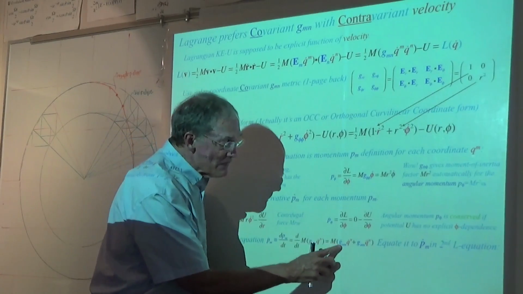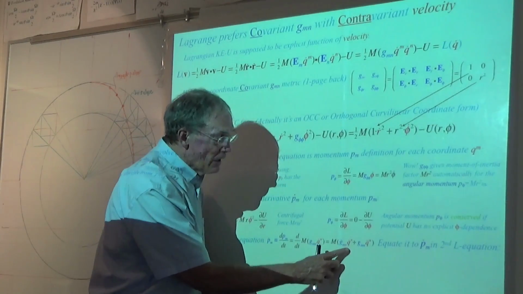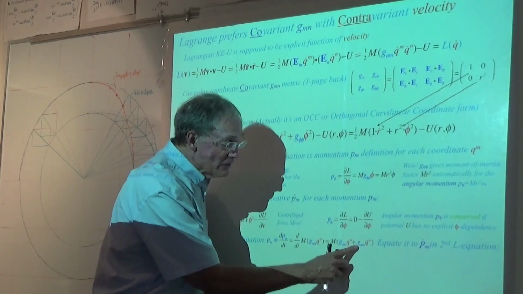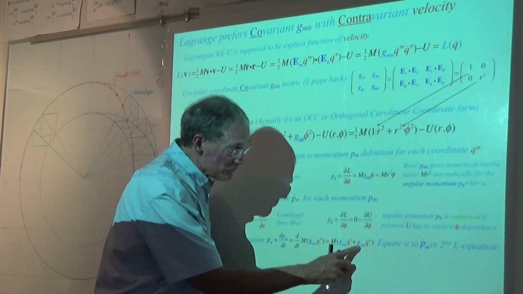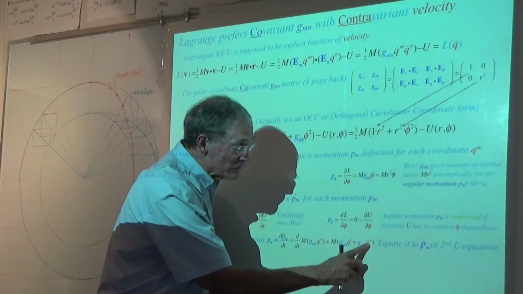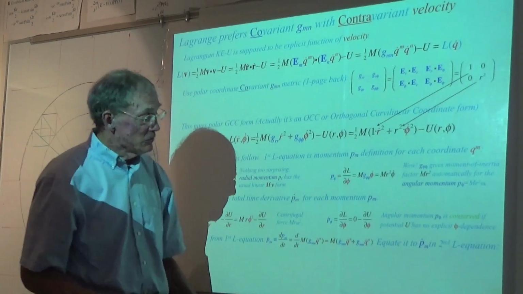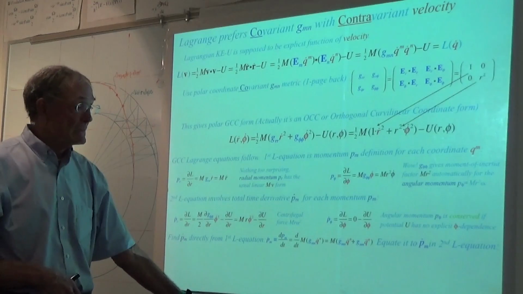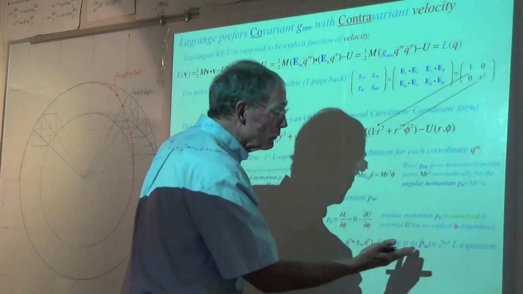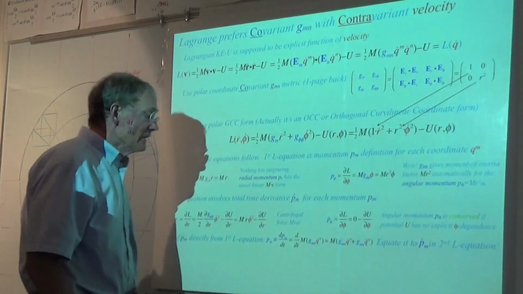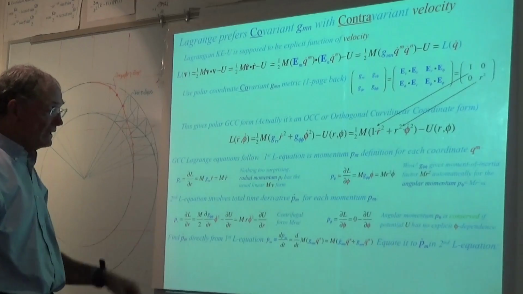That means I have to take the time derivative of the metric tensor times this velocity, plus the metric times the time derivative of the velocity, which is the generalized acceleration, q double dot, if you will. And then I am going to equate that to the p dot in this second equation right here.